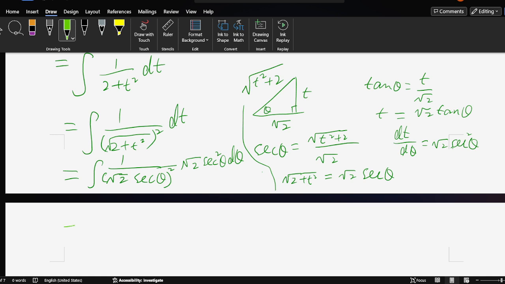Then we can simplify. So here should be 2 secant squared theta, and here the square root of 2 secant squared theta d theta.